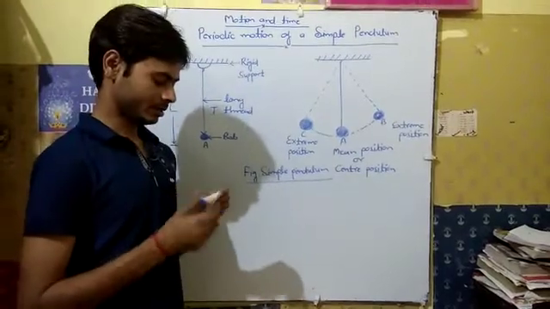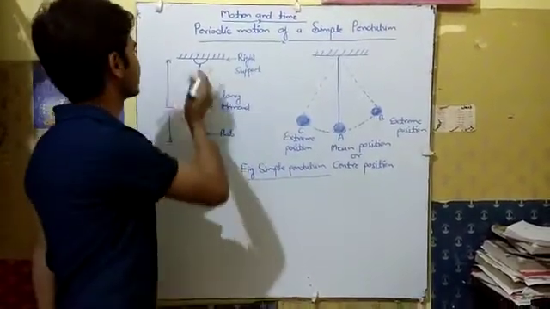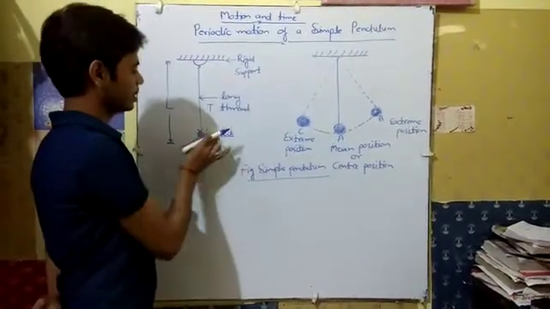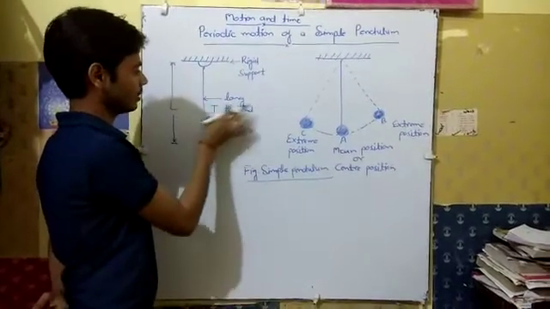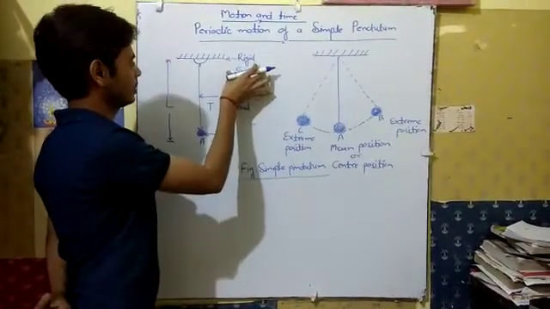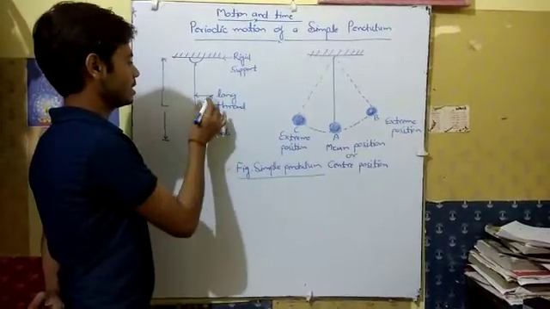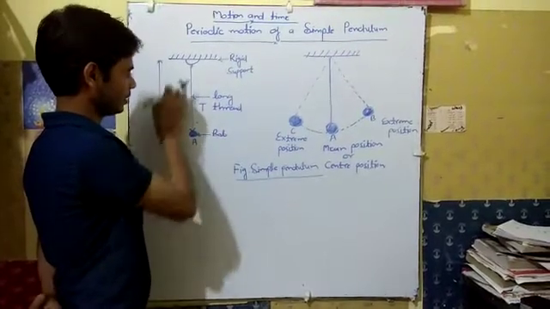First, we understand the figure. This is a rigid support from which this metallic bob is suspended with the help of a long thread. This is the rigid support and this is the long thread, and T denotes the tension in the thread.